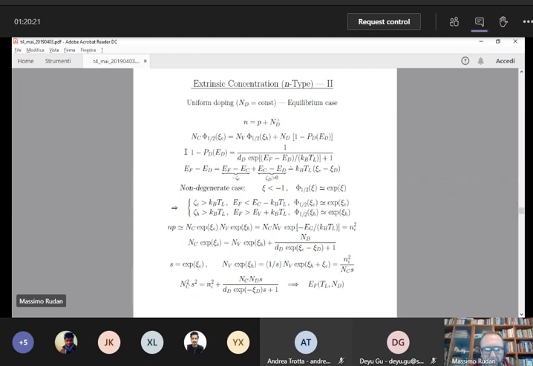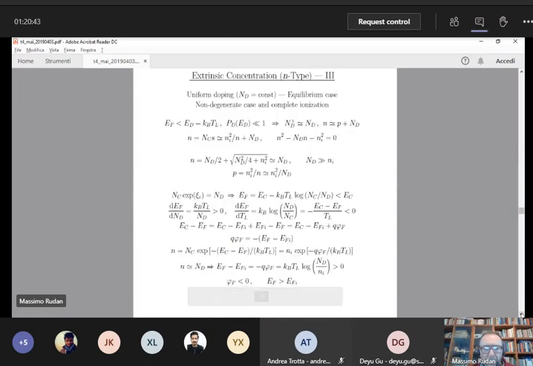And of course, if the donor atoms are 100% ionized, that means that the concentration of the ionized donors is equal to the concentration of the donors, because they are 100% ionized. Okay?